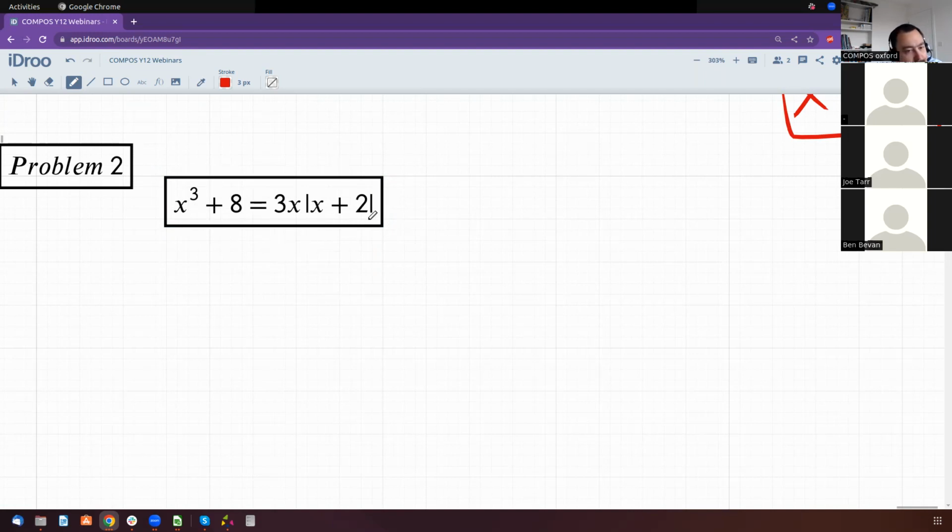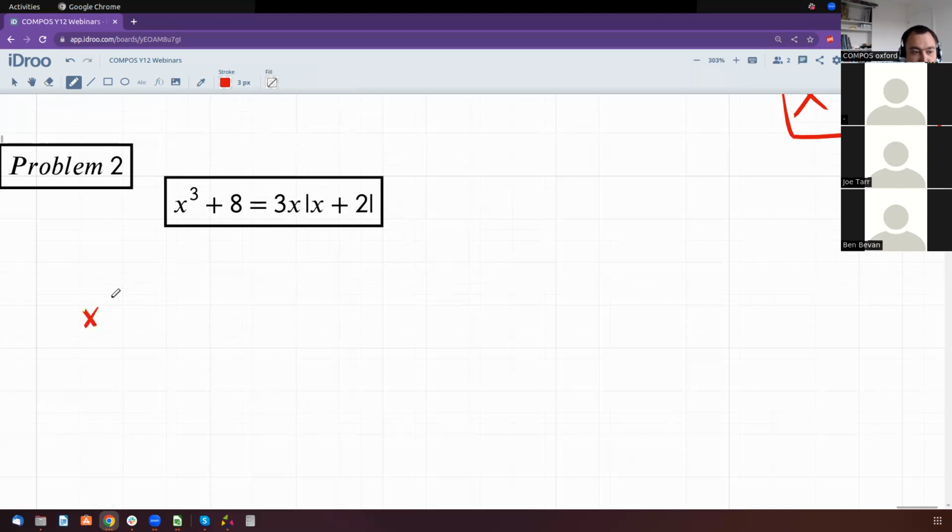At least if there are restrictions, it's not obvious, so we don't go there. Okay, so we deal with the modulus.